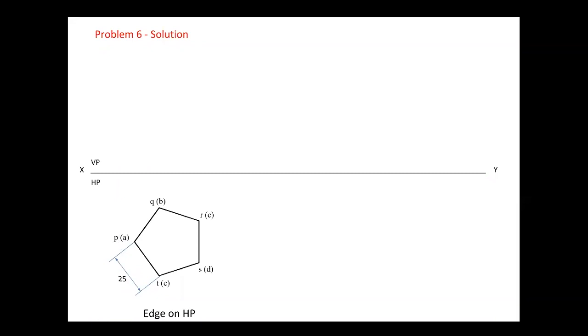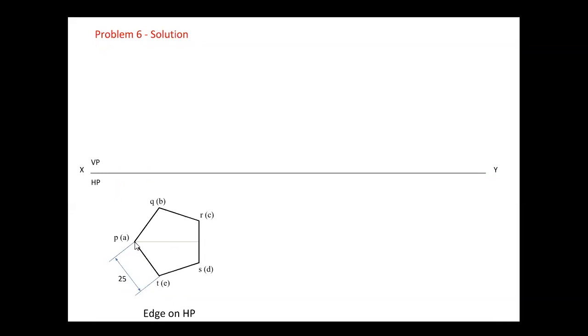Once it is done, I need to know the midpoint of the pentagon. For that, I'm going to draw a line from a corner which intersects the edge opposite to the corner.